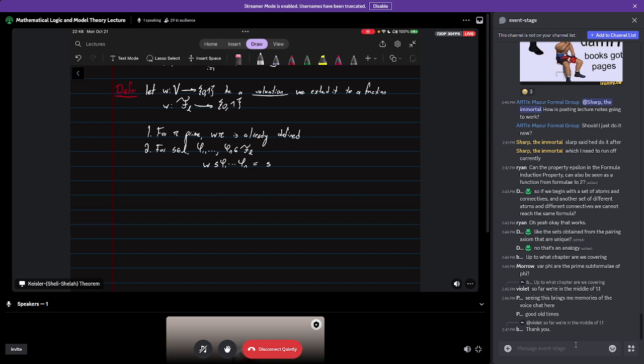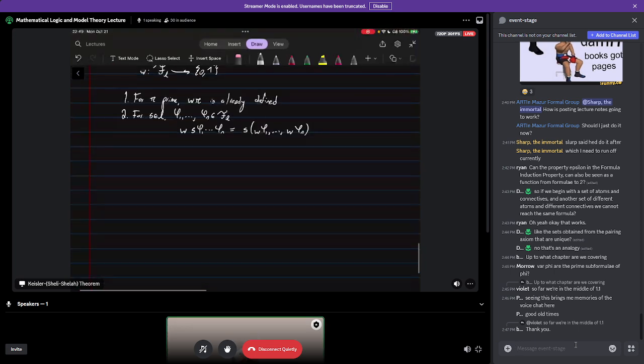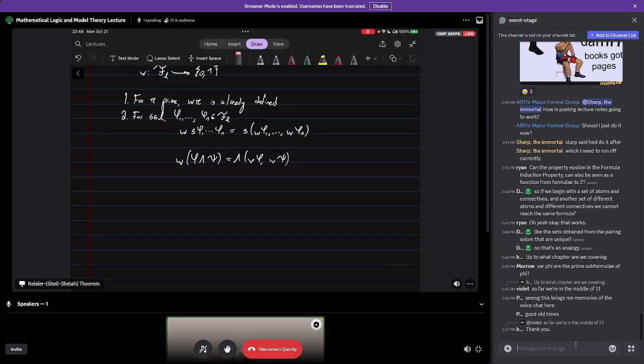So for example, w of phi and psi is equal to the conjunction of w phi and w psi. So if w phi is given the value of 1 and w psi is given the value of 0, then w of phi and psi is given the value of 0.